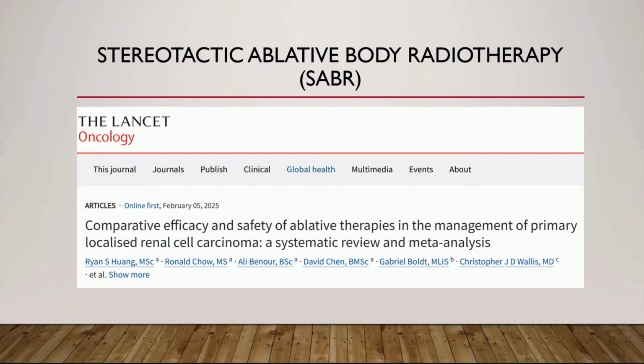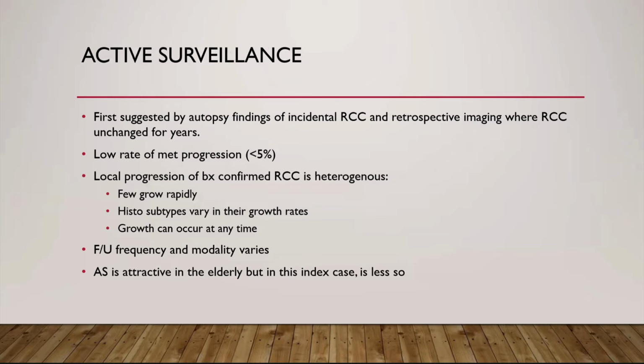And then finally, to finish off this section of the presentation, active surveillance. So this management option was first suggested based on autopsy findings of incidental RCC and retrospective imaging reviews, where apparent RCCs were unchanged over many years.